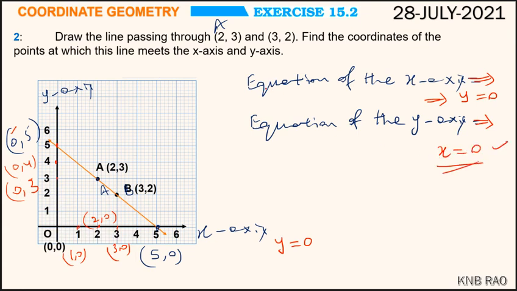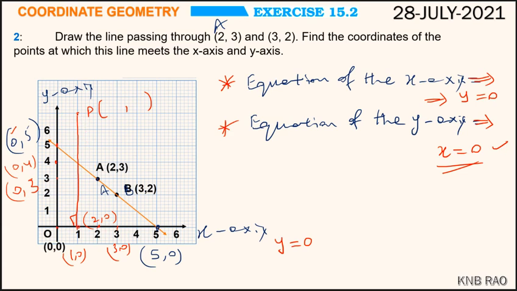Okay. So, very important bits in class 9 standard. Coordinates of the origin 0 comma 0, equation of the x-axis y equals 0, equation of the y-axis x equals 0. The perpendicular distance from a point to the x-axis is called the y coordinate.